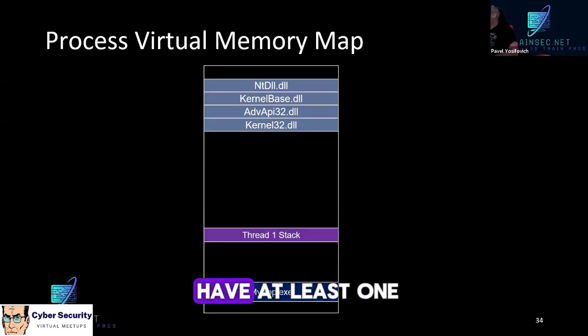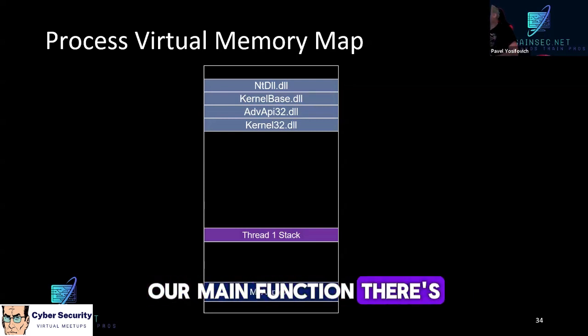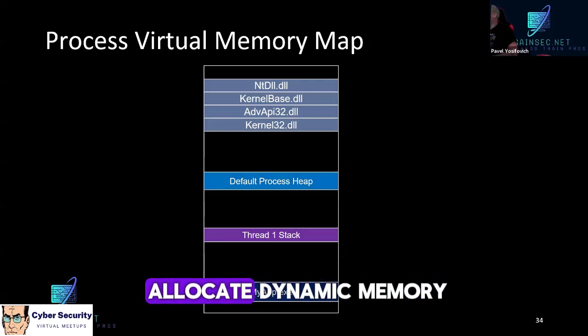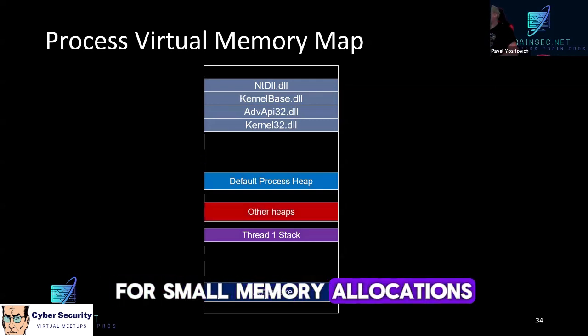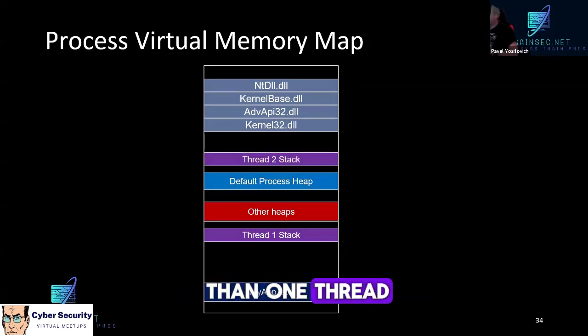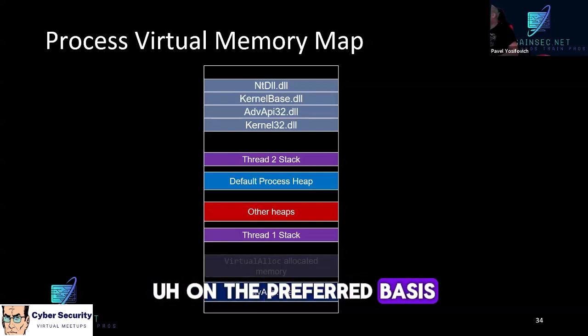And then since we have at least one thread running our main function, there's a stack for that thread. There's something called the default process heap, which is used to allocate dynamic memory for small memory allocations. We can create other heaps if we wanted to. If we have more than one thread, then we have more stacks. A stack is on a per thread basis.